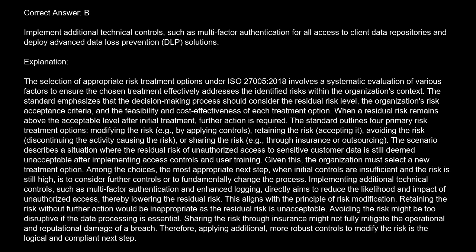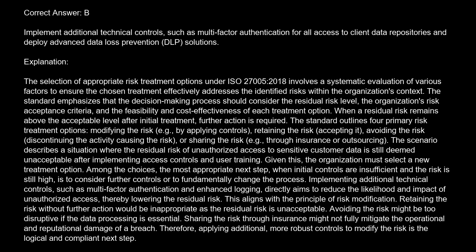Among the choices, the most appropriate next step, when initial controls are insufficient and the risk is still high, is to consider further controls or to fundamentally change the process. Implementing additional technical controls, such as multi-factor authentication and enhanced logging, directly aims to reduce the likelihood and impact of unauthorized access, thereby lowering the residual risk.